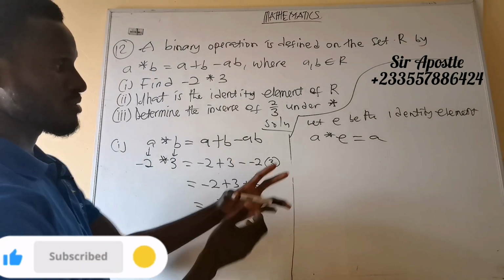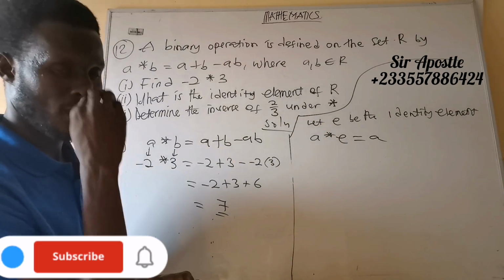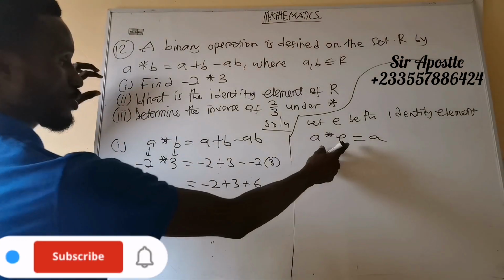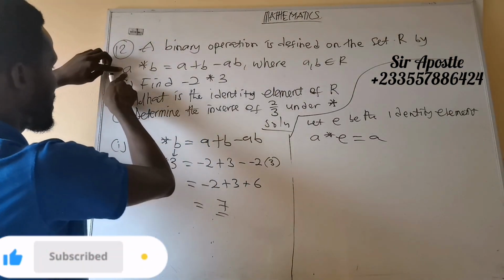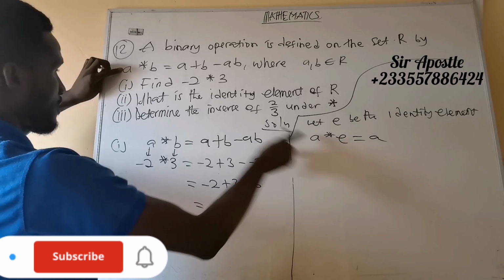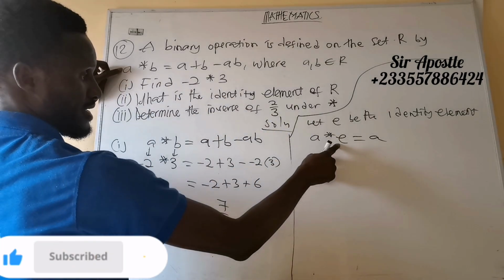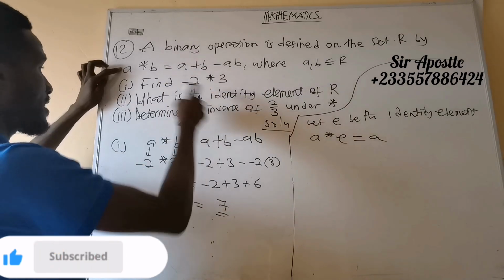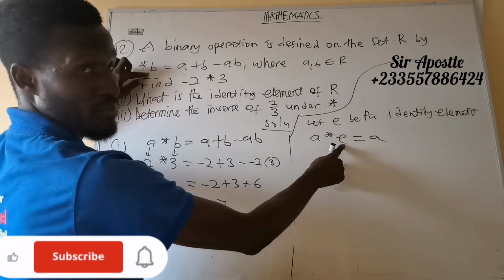Then I do substitution, find the value for E, and I'm done. Let's compare: the A is the same as A, and the B is the same as E.